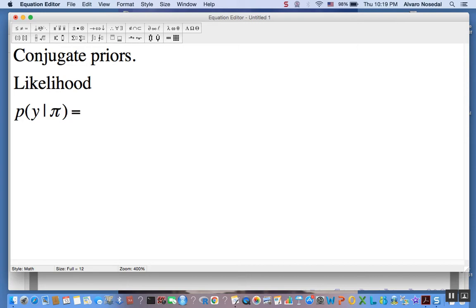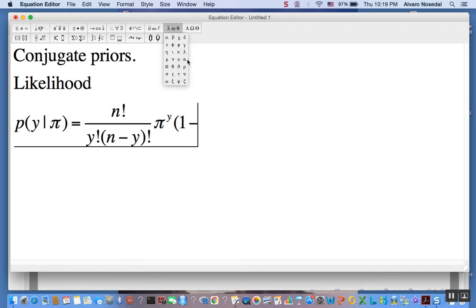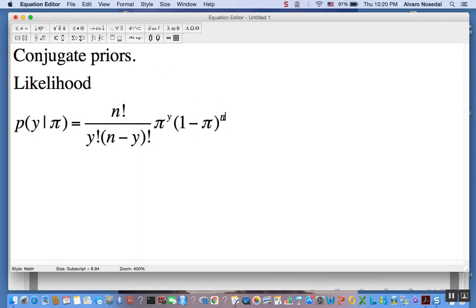Okay, so our likelihood is going to be binomial, and we know that the probability mass function looks like this. N choose y, which is the same as n factorial divided by y factorial times n minus y factorial. And then what we have is pi to the power y times 1 minus pi to the power n minus y.